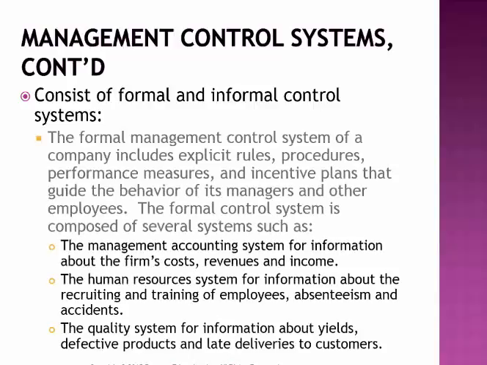So the formal management control system parts are parts of the company that include explicitly defined items, things that are typed out, written out, available on the company-wide intranet, the policies and procedure books, the employee handbook, the ethics policies, things like that. Also defined there will be the performance measures.